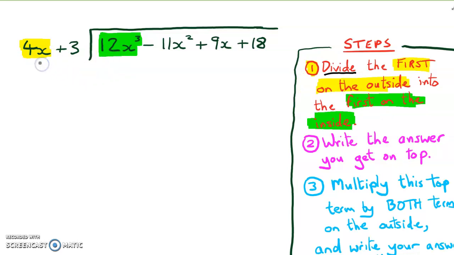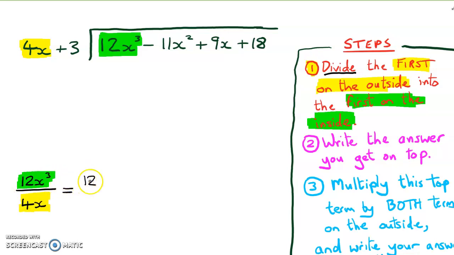So let's do that down here where we have a bit of space. 12x cubed, we have to divide that by 4x. So the first thing on the inside, divided by the first thing on the outside. I always like to write it out fully, because these division questions are tricky enough as it is.